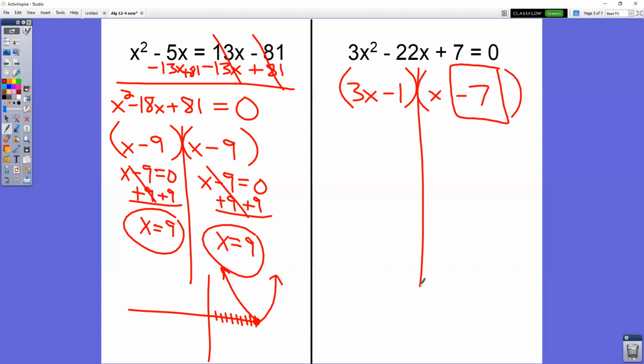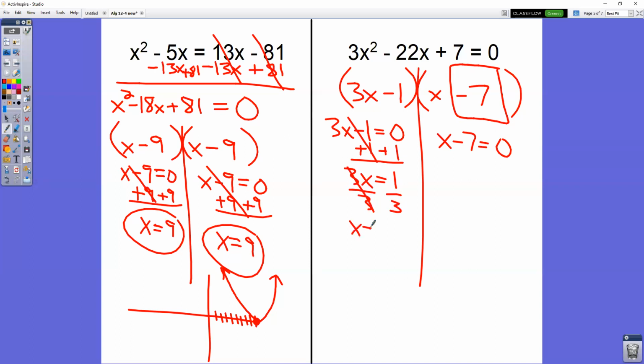So draw your line down the middle, just like we have been. 3x minus 1 equals 0, and x minus 7 equals 0. Solve a two-step equation on this side. Again, you will get some decimals sometimes. You could just leave it as a fraction as well.